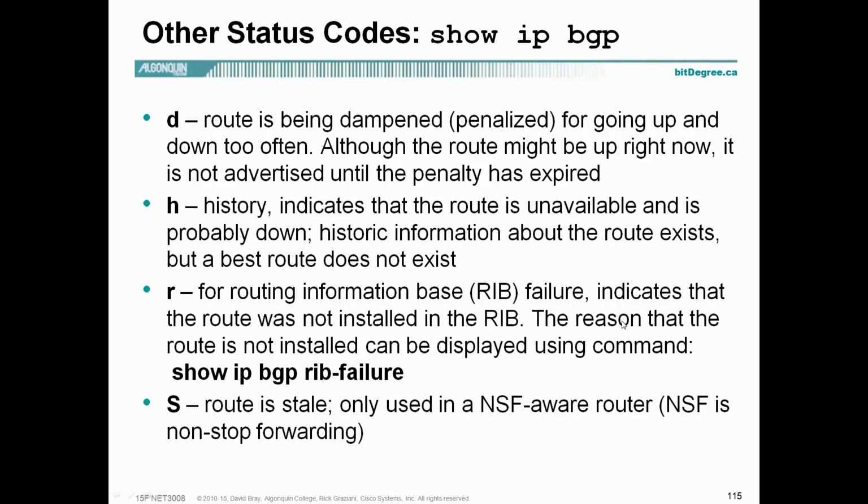And the reason for this route not being installed can be displayed by using this command, show IP BGP rib-failure. A capital S shows the route is stale, and that's only used if you're using non-stop forwarding in a router, and that's outside the scope of this course, but I just want to mention that for completeness.